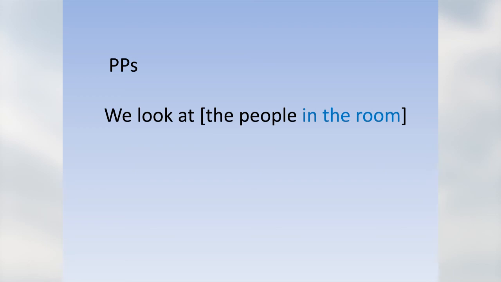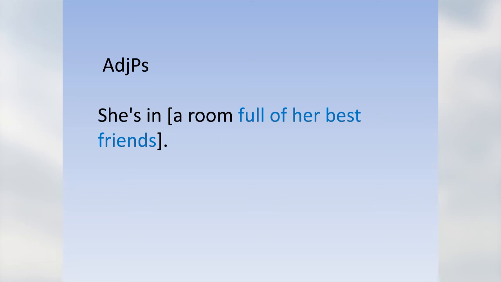Notice that the pronoun would replace the people in the room. That's all one noun phrase. In the room is not modifying the verb. It's modifying people. So a prepositional phrase can come after the head and modify the head. Right? The category would be prepositional phrase, the function would be modifier.